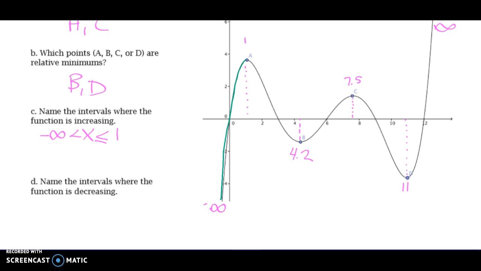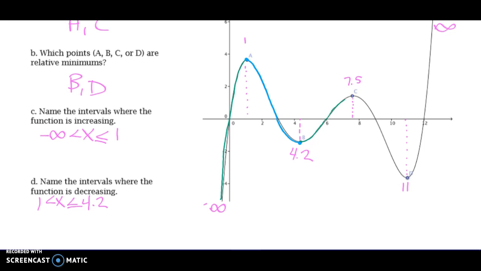Now I'm at a turning point. I'm changing direction. Now I'm decreasing. Decreasing from what to what? From this 1 to 4.2. So I'm going to show decreasing from 1 to 4.2. And that's the first time I use 4.2, so I put an equal sign.